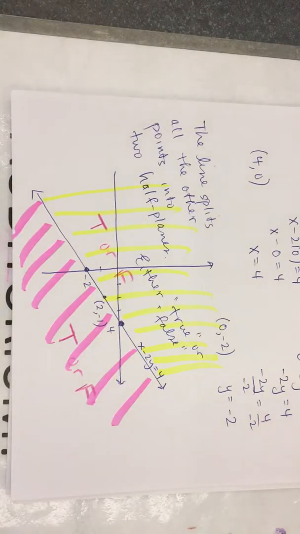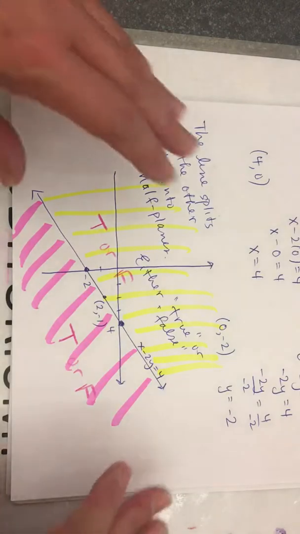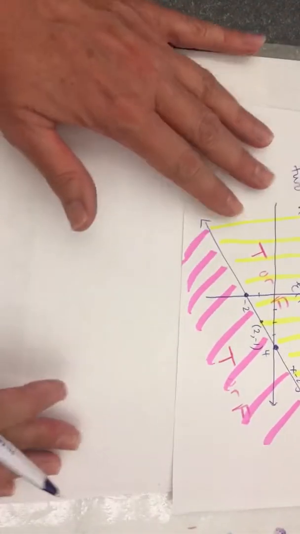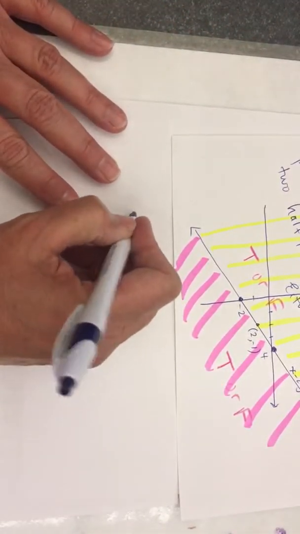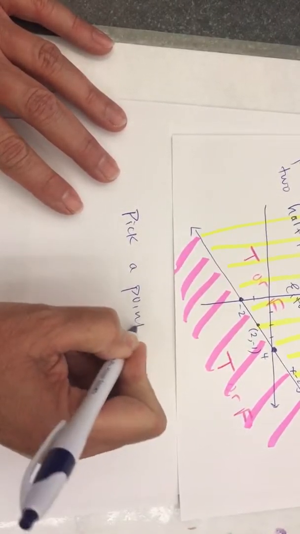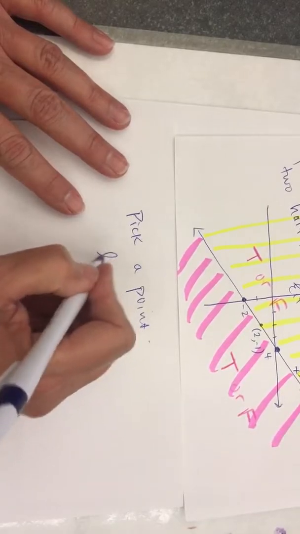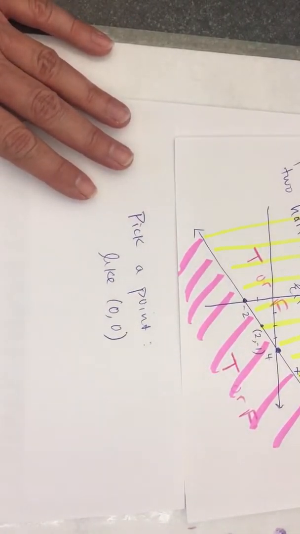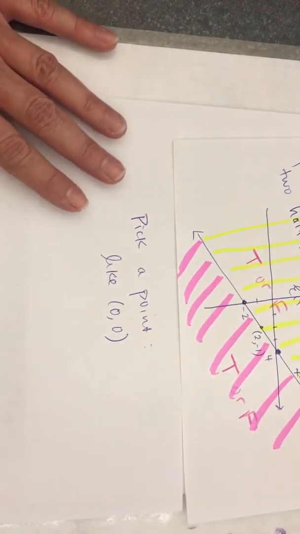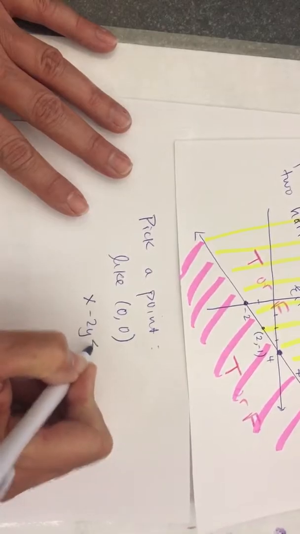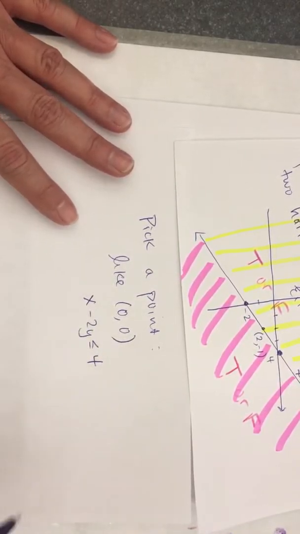So what we will do is pick a point. You can pick more than 1 point, but pick at least 1 point so that you can determine what's going on there. Pick a point like 0, 0. And we'll plug that in. So my problem was x minus 2y is less than or equal to 4.